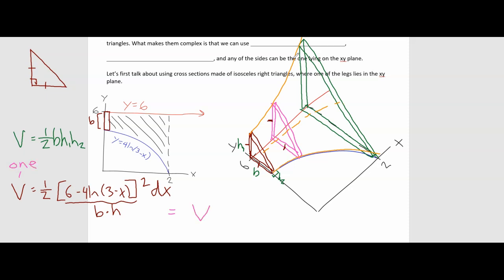I want the volume of the whole solid, so it's going to be the integral from 0 to 2 of this quantity. I am not going to be able to distribute that 1/2 because we're squaring what's inside of my brackets, so I'm just going to have to leave everything as is.